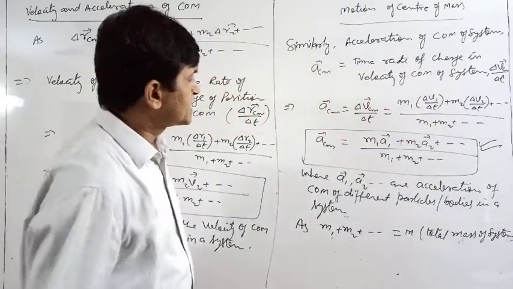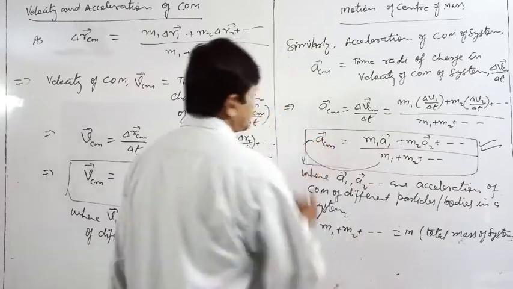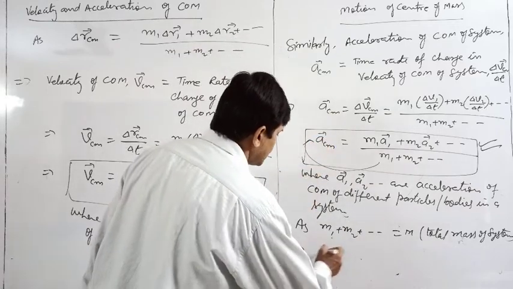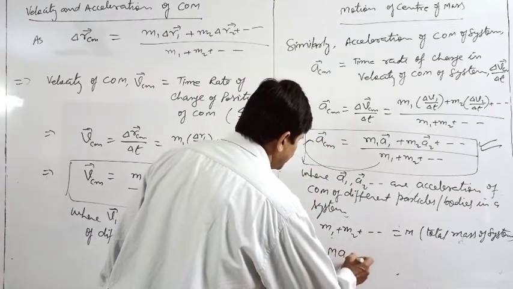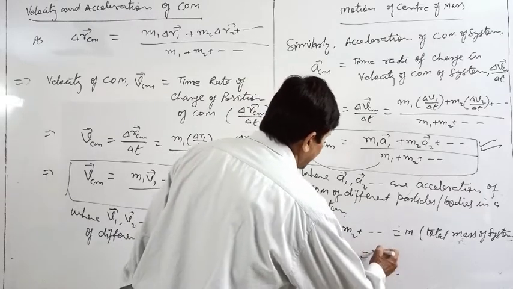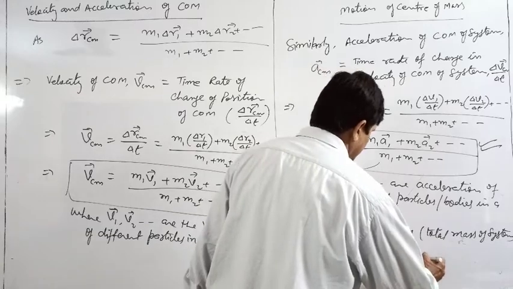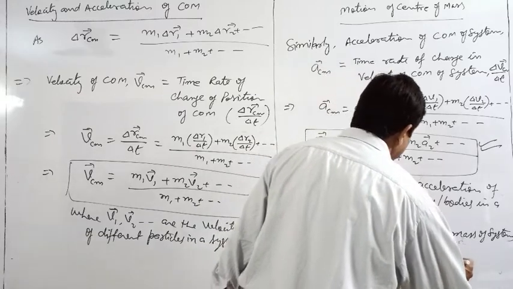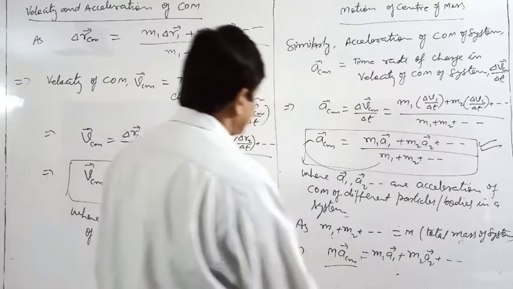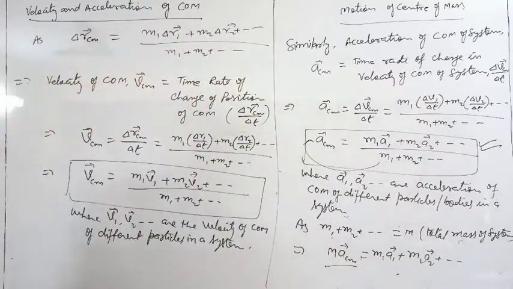So then M into ACM can be written as m1 A1 plus m2 A2 like this. So, okay, let's note down this.